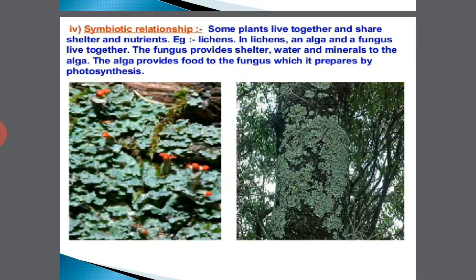Photosynthesis we studied earlier, the process of preparation of food by the plants. Okay, let's move forward. You can easily see in the diagrams also how the two plants live together, and the kind of relation is called symbiotic relation, the process is also known as symbiosis, and the plants are called symbiotic plants.